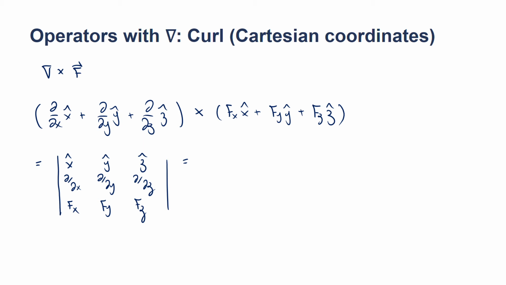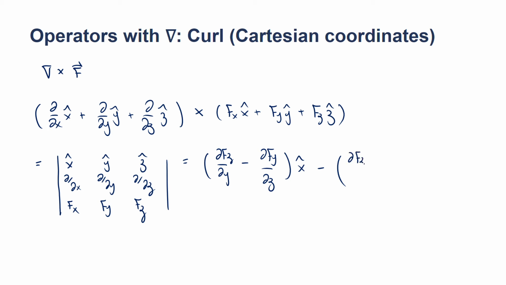If we want to do the x component, we need to consider the bottom right determinant, which is going to be the partial derivative of f sub z with respect to y minus the partial derivative of f sub y with respect to z, and this will be the x component. Then we consider the determinant comprised of the first and third columns, and we need to remember that there's a minus sign for that one.